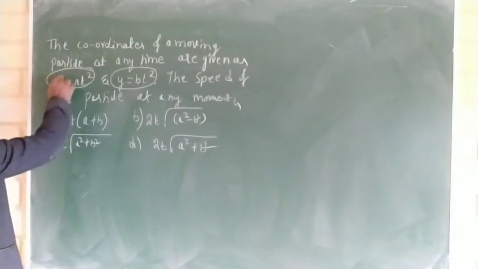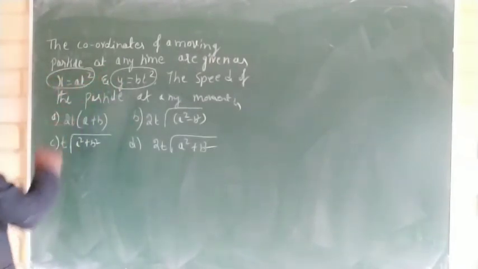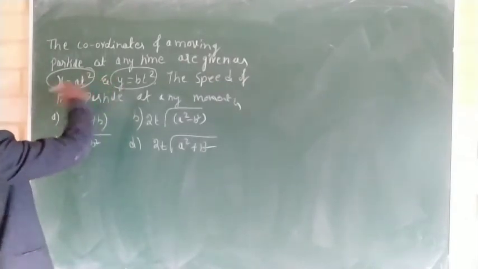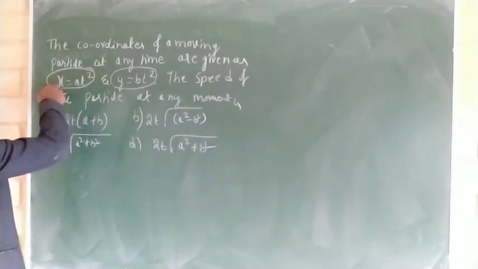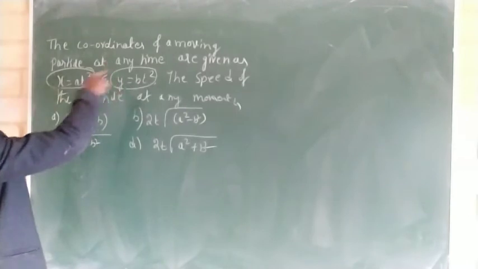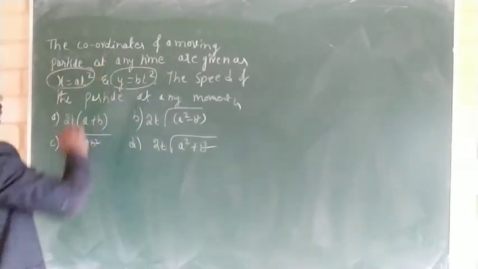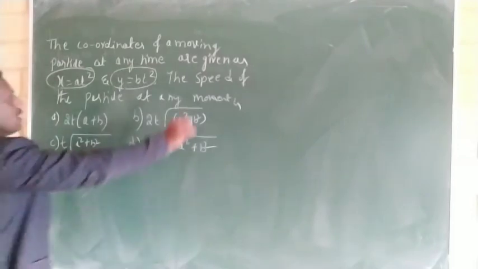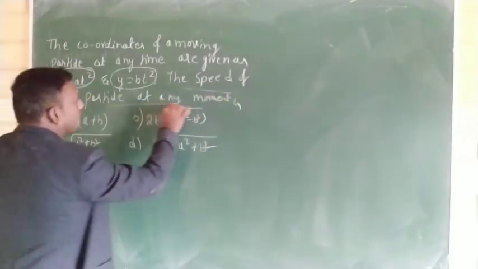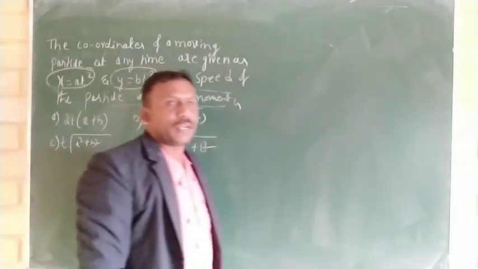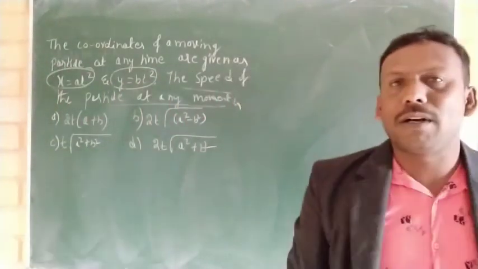Here the distances are a function of time. Then the speed of the particle v at any moment is equal to question mark.